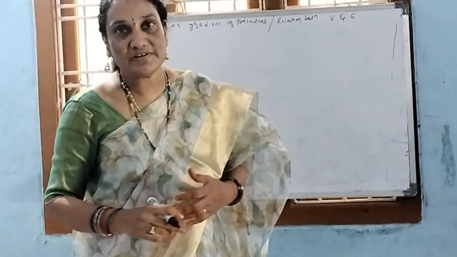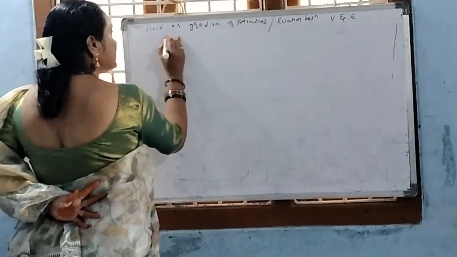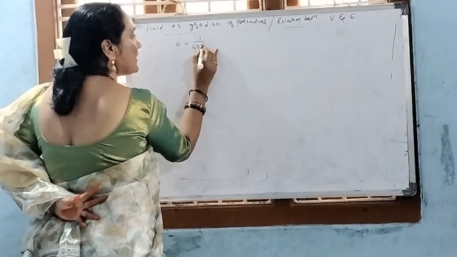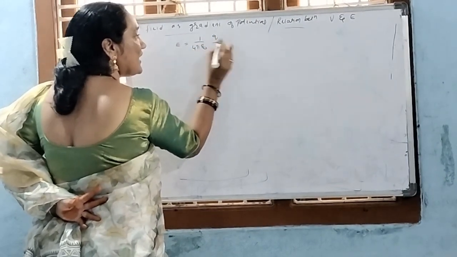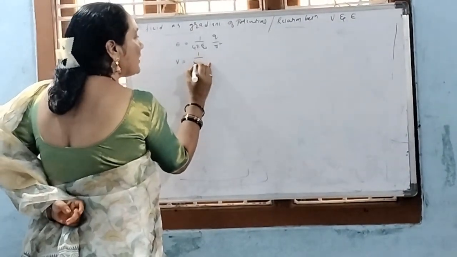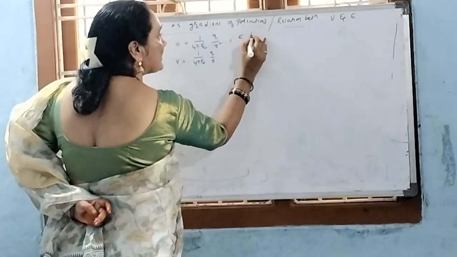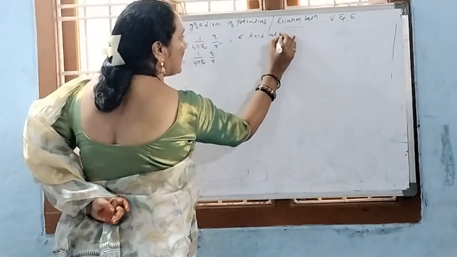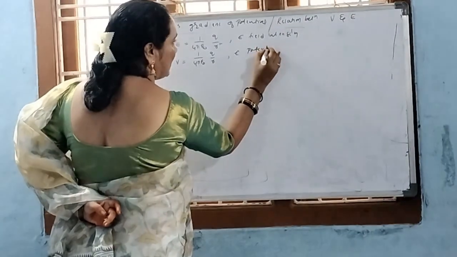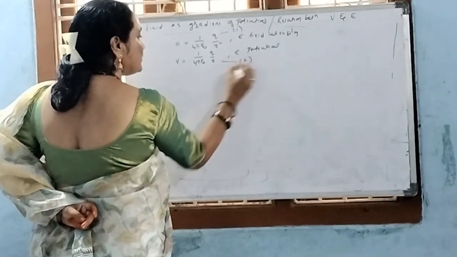We know that the electric field intensity is 1 by 4 pi epsilon naught times Q by r squared. And the formula for electric potential is 1 by 4 pi epsilon naught times Q by r. This is the electric field intensity formula, and this is the electric potential formula. Call them equation 1 and equation 2.